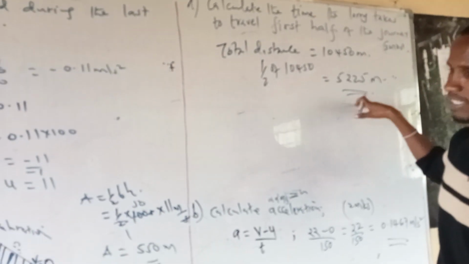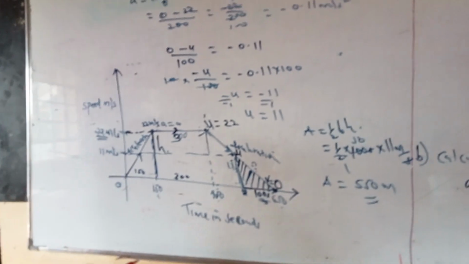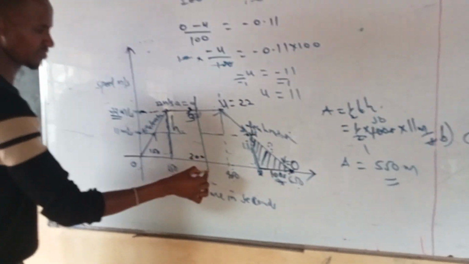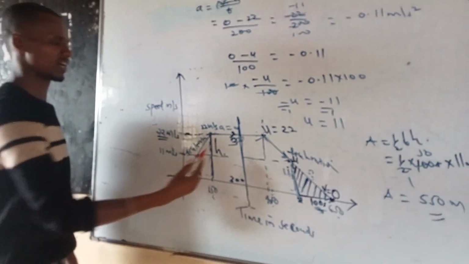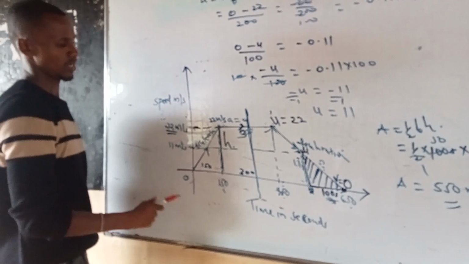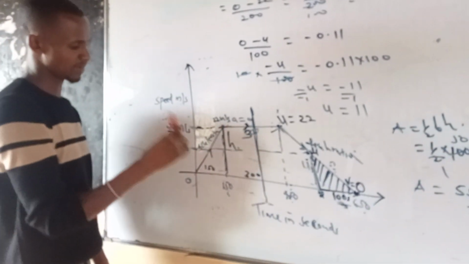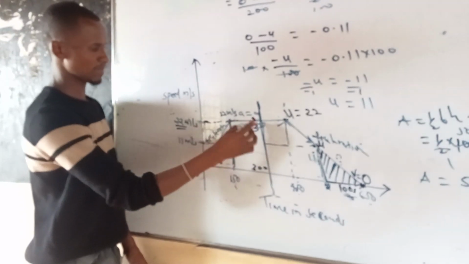And how is this represented in the diagram? We can just take any line here to divide like that. Now this will be the last half of the journey, and this is the first half of the journey. There are some things that we don't know here. The only thing that we know is the maximum height.